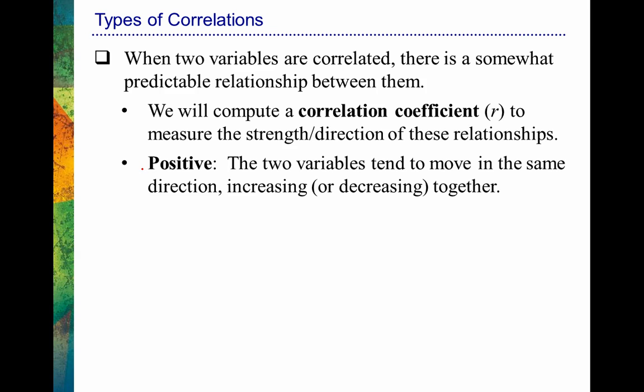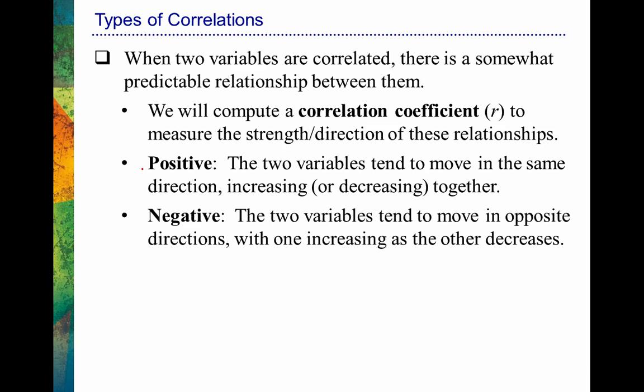Now, a negative correlation would produce a negative correlation coefficient. So this value R would be negative when the two variables tend to move in opposite directions. So they're somewhat antagonistic. As one variable increases in value, the other variable tends to decrease in value.